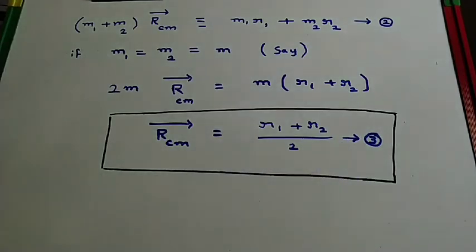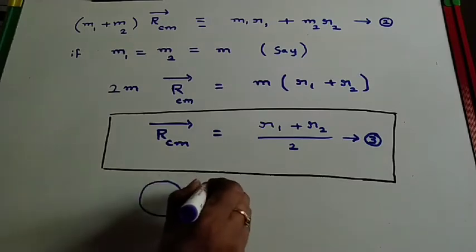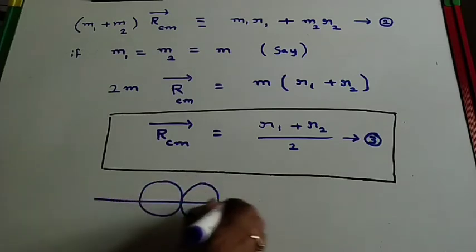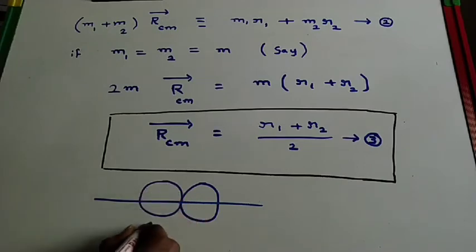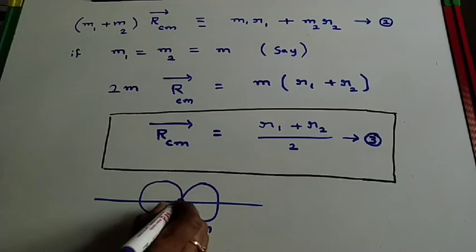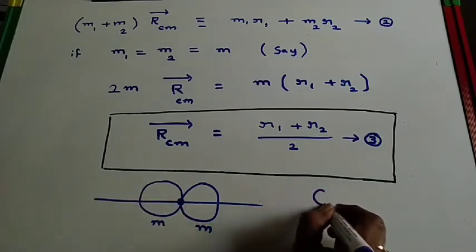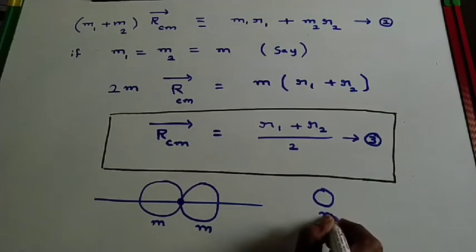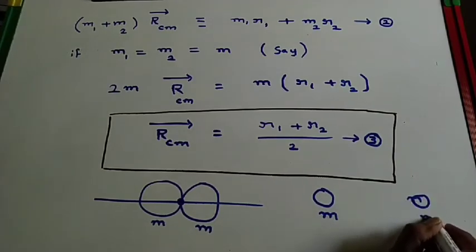Consider equation number 3. That means take here one body, take here another body. Both are joined together and have the same masses. Here mass is m. Here also mass is m. Now this is the center of mass. Or in another diagram, take its mass m, take its mass also the same m.